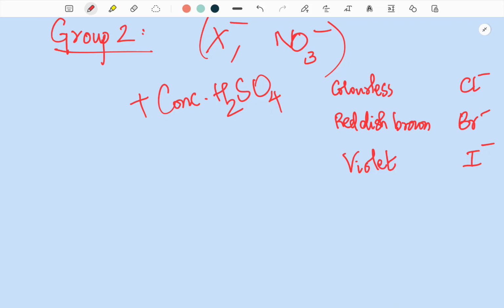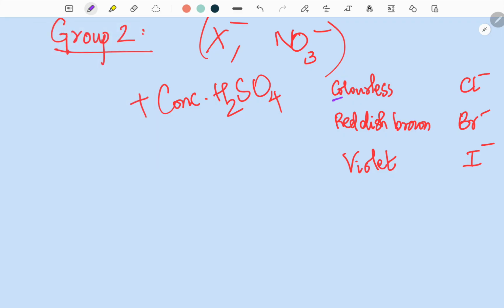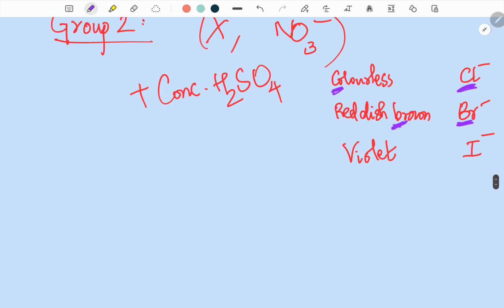Now, how to remember this? I will give you a clue. C for colorless, C for chloride, B for brown, B for bromide, and the other one is iodide. So you can remember B for brown, B for bromide, C for chloride, C for colorless, and the last one, the violet one, is for iodide.